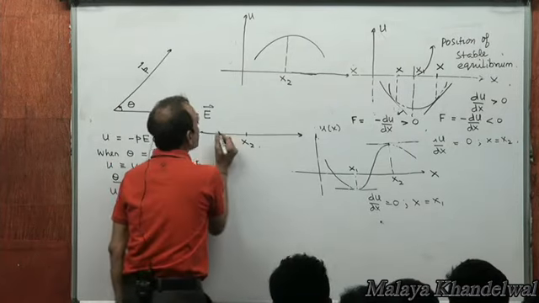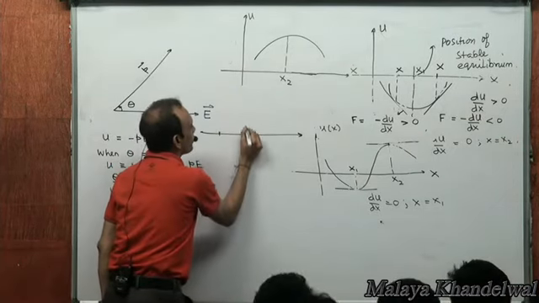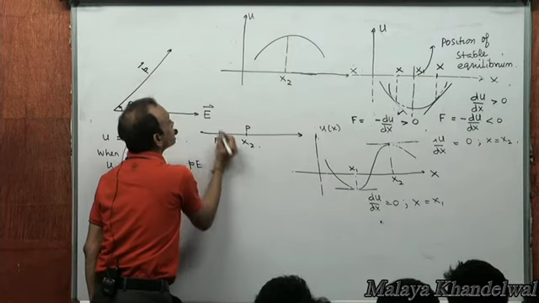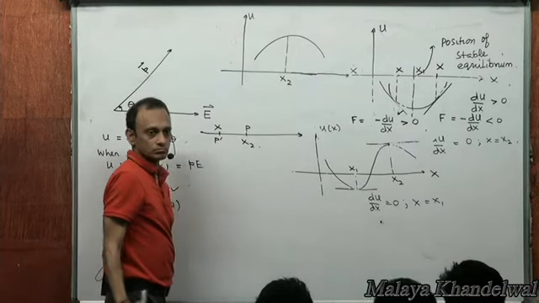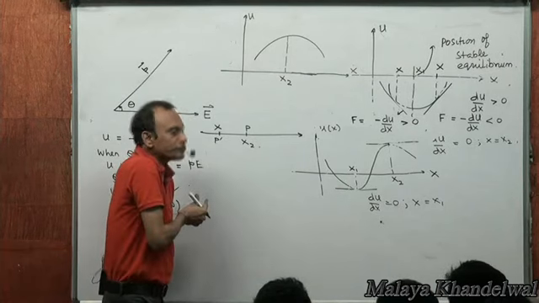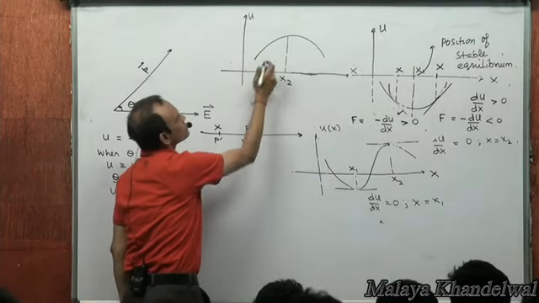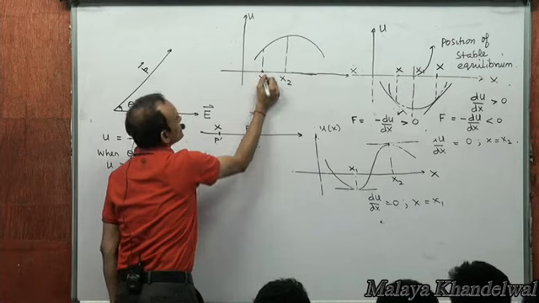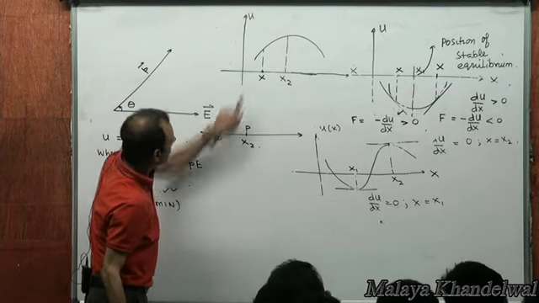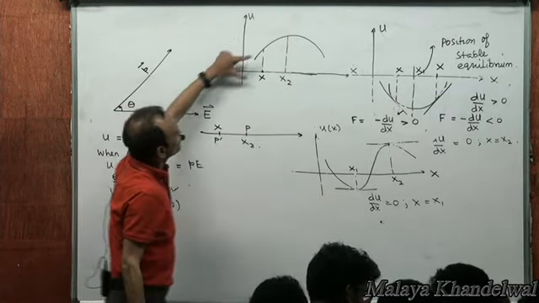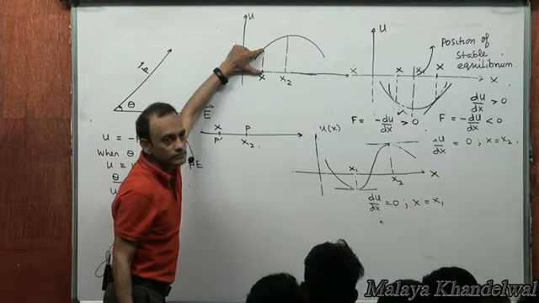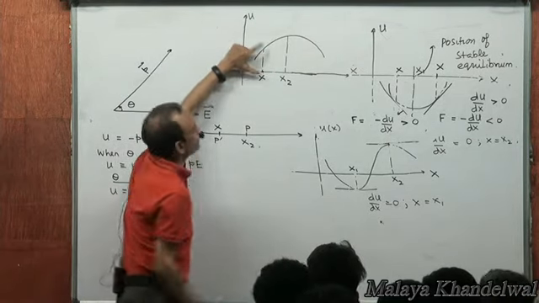Now, when I shift the particle from p to p prime, slightly to the left of x2, at this x, this would be its potential energy. At x, what would be the force acting on the particle?